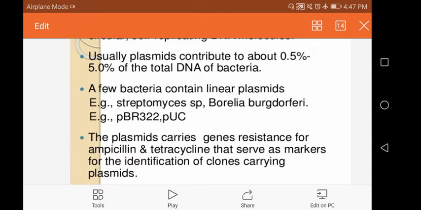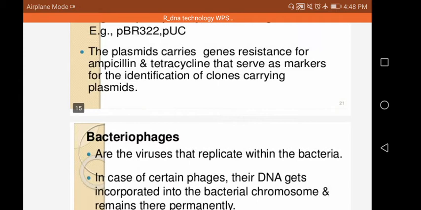Next, pBR322 and pUC. The plasmids carry genes for resistance to ampicillin and tetracycline that serve as markers for the identification of clones carrying plasmids.